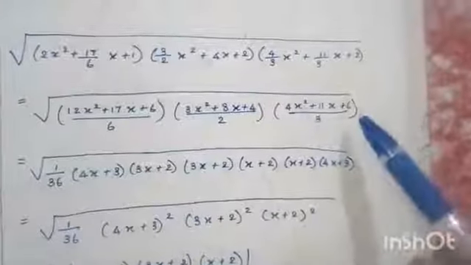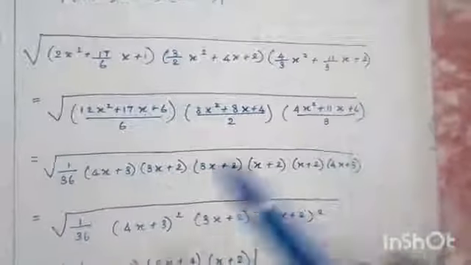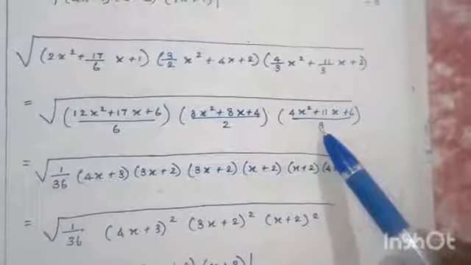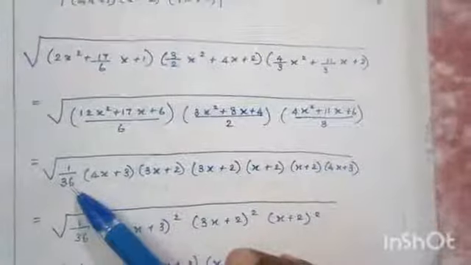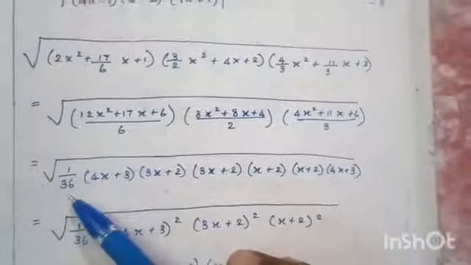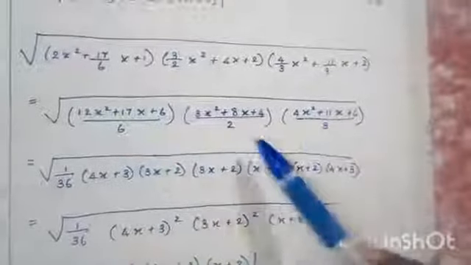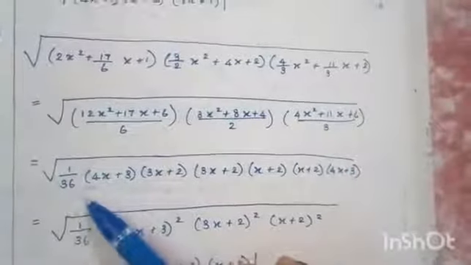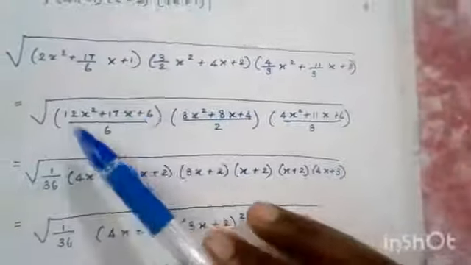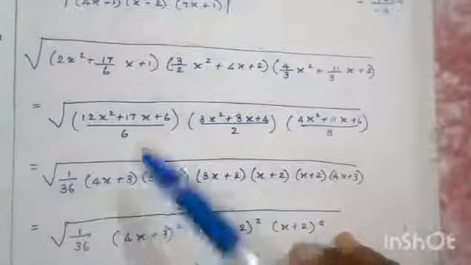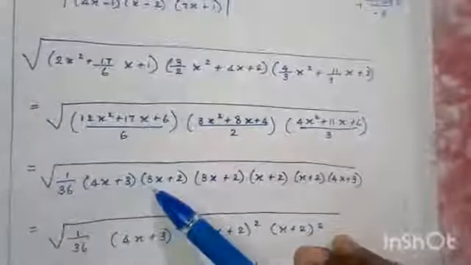Okay. So now for all of this, it is a multiplication, a product. So 6 2s are 12, 12 3s are 36. In the denominator, you have to write 1 by 36. The denominator value is 6 into 2 into 3, so that is 1 by 36. Find a factor for this 12x square plus 17x plus 6. Like in the previous problem, you have to find a factor for this.